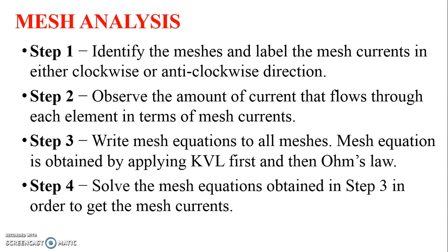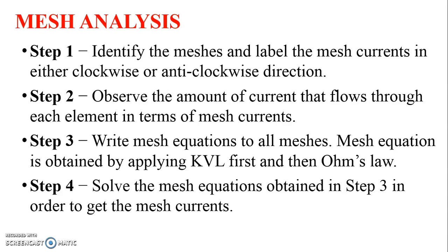Step 2, observe the amount of current that flows through each element in terms of mesh current. Step 3, write mesh equations for all meshes, where KVL is applied. Step 4, solve the mesh equations from step 3 to get the mesh currents. So these are the steps we have to follow while doing the mesh analysis.